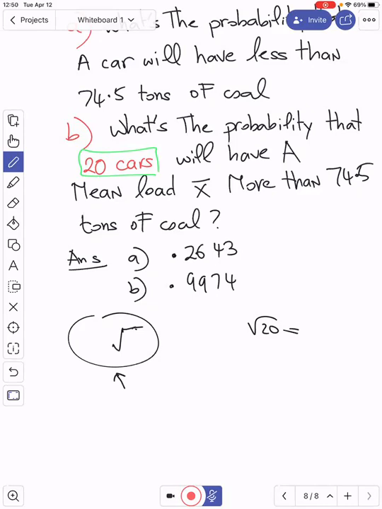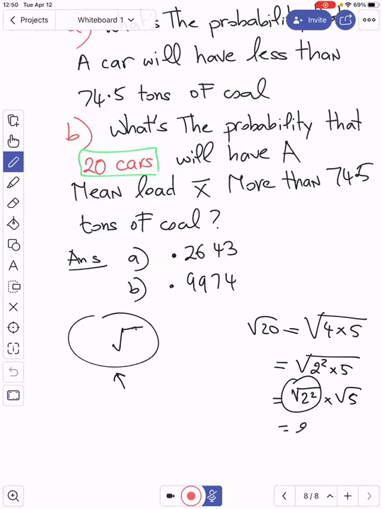Square root of 20 is square root of 4 times 5, and 4 is 2 squared. So square root of 2 squared times 5 splits into square root of 2 squared times square root of 5, and square root of 2 squared is actually 2. That's like a whole different exercise.